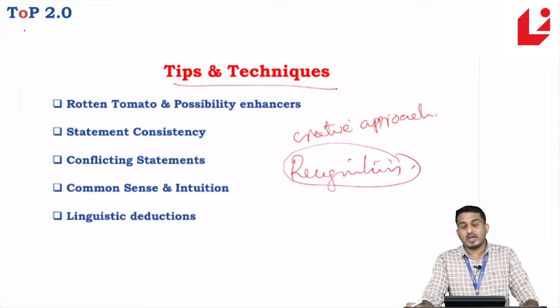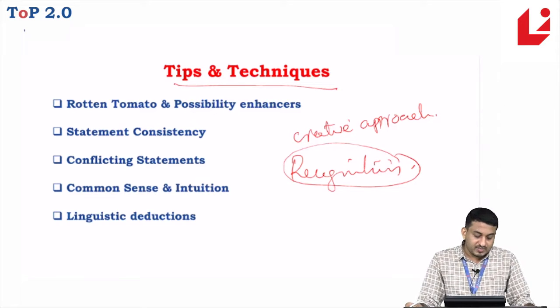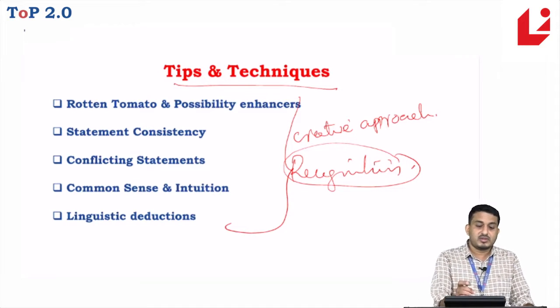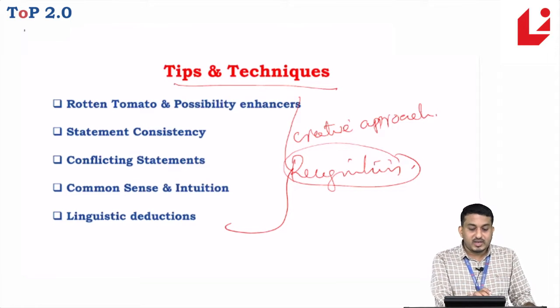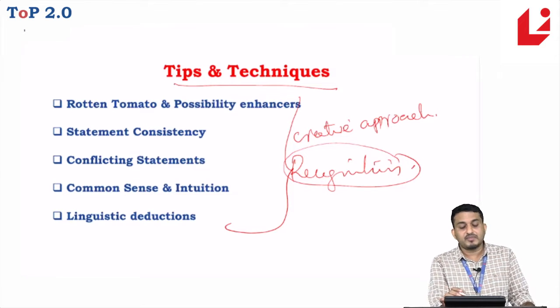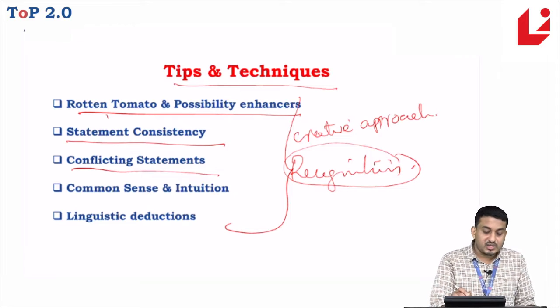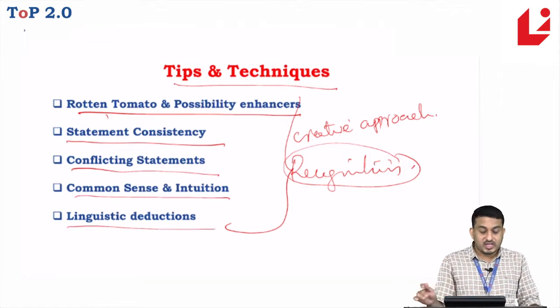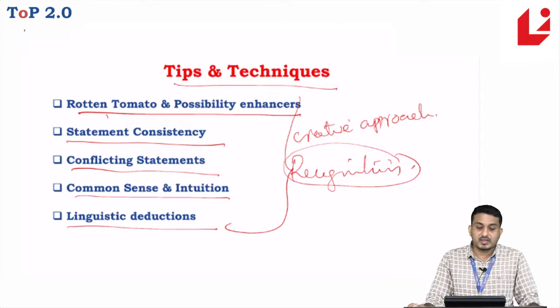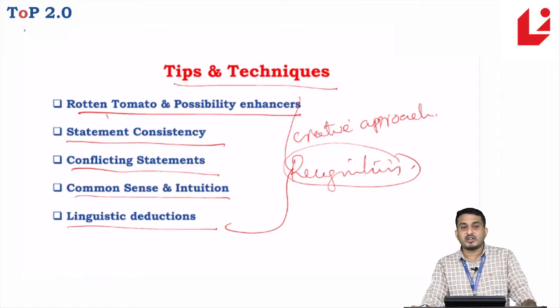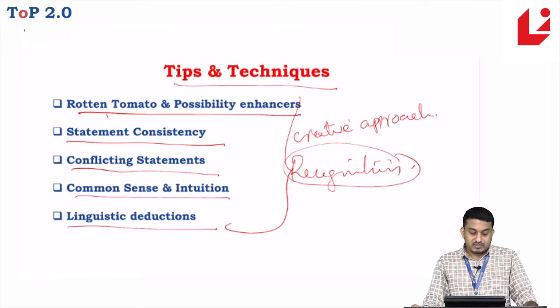It is not as easy as said, but with the help of these tips and techniques, that is 5 important techniques I have mentioned here: one is rotten tomato and possibility enhancer, statement consistency, conflicting statement, common sense and intuition, and linguistic deductions. These techniques will help aspirants to recognize the correct answer from the given choices.